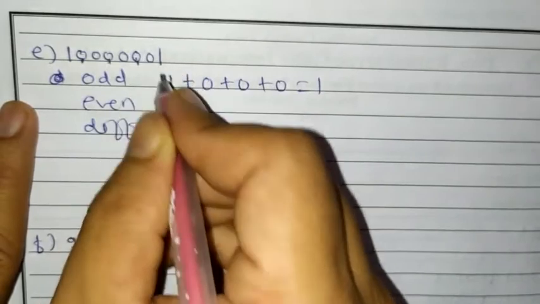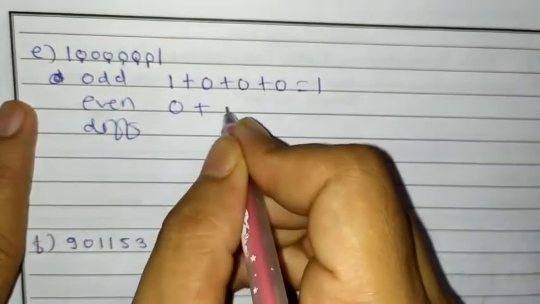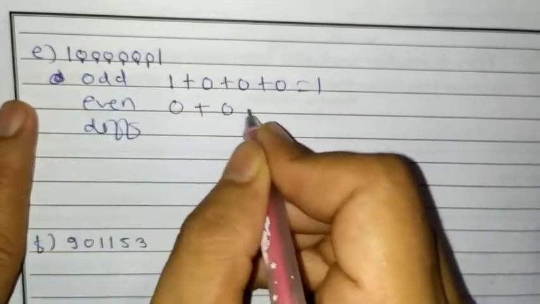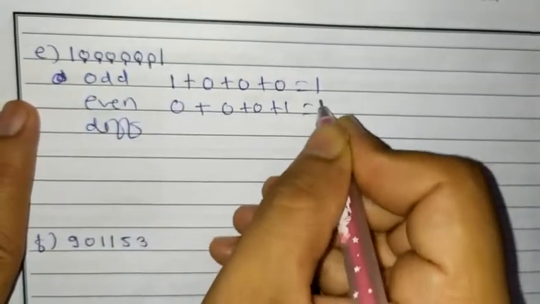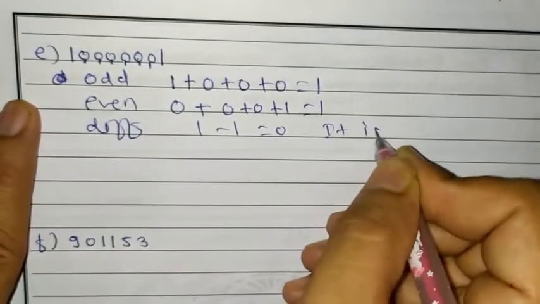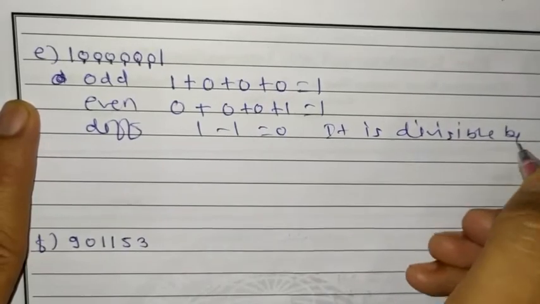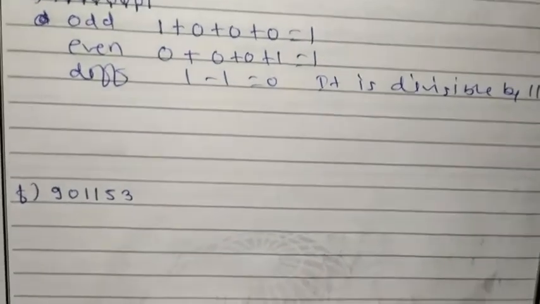Even places, this 0 is there, then again one more 0 and 1. So here 0 plus 0, this 0 and then finally 1. So 1 minus 1 is 0. So it is divisible by 11.